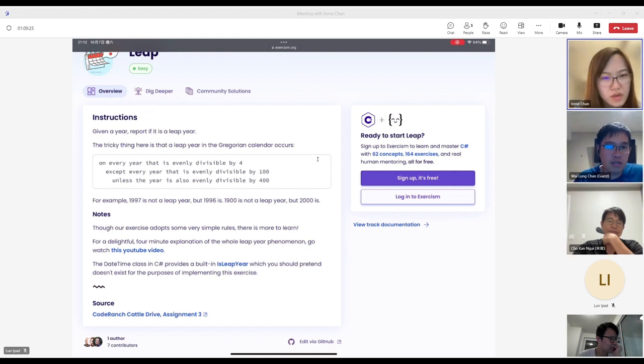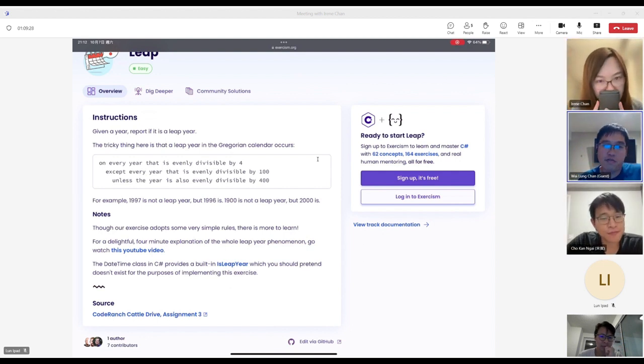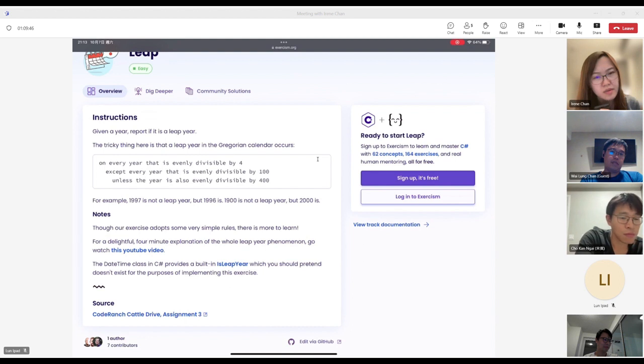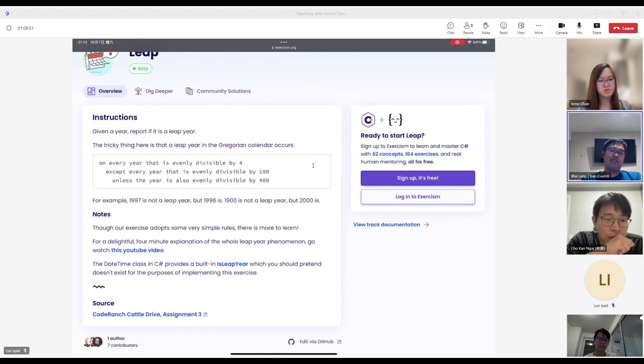That means it has to be divisible by 4 but not divisible by 100, unless it can be divided by 400. It can be divided by 100, but maybe it cannot be divided by 400. Does it make sense?